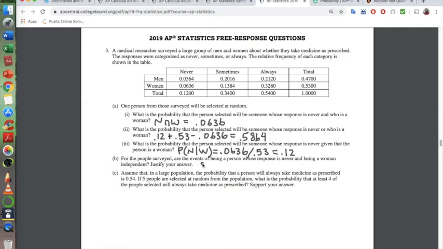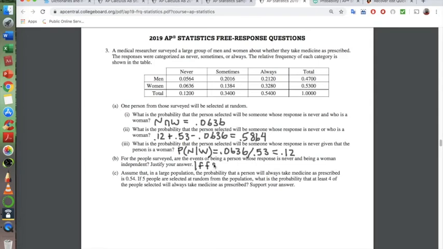B, for the people surveyed, are the events of being a person whose response is never and being a woman independent? Now remember, they are independent if and only if the probability of their intersection is equal to the product of their individual probabilities.